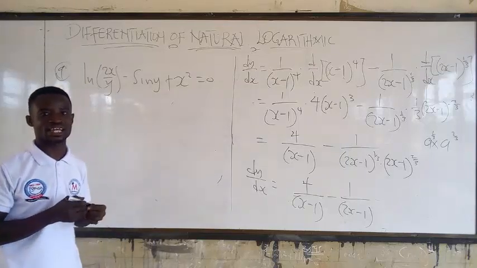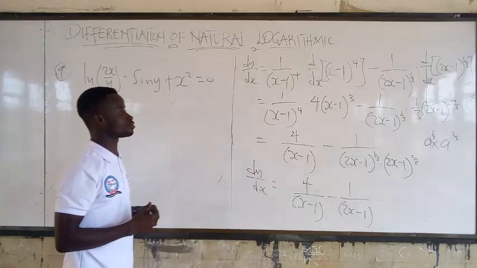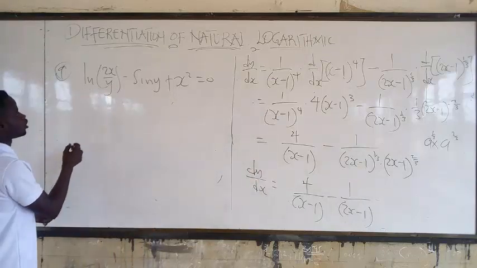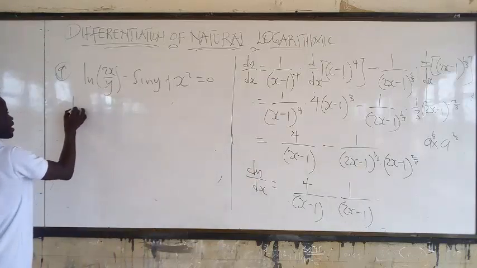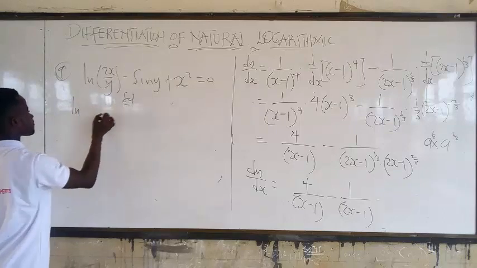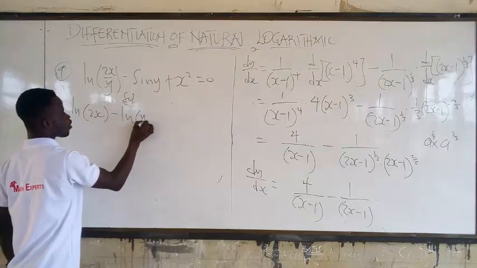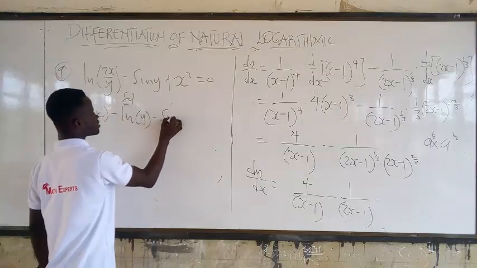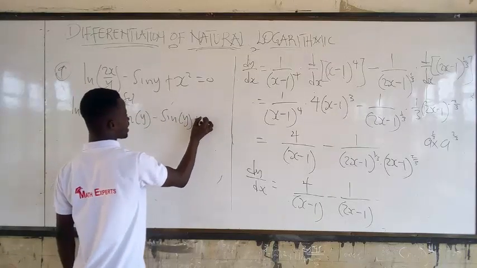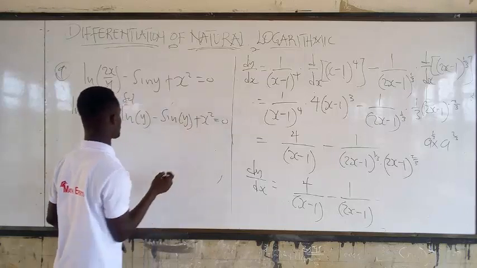So let's take the derivative of each term. We can rewrite this as ln 2x minus ln y, minus sin y plus x squared is equal to 0.